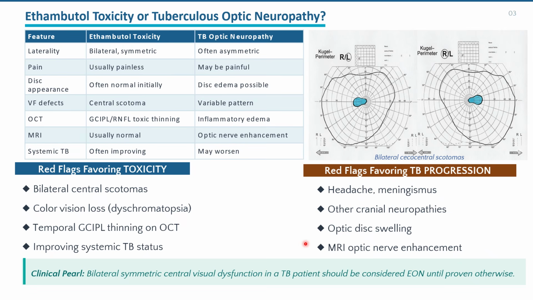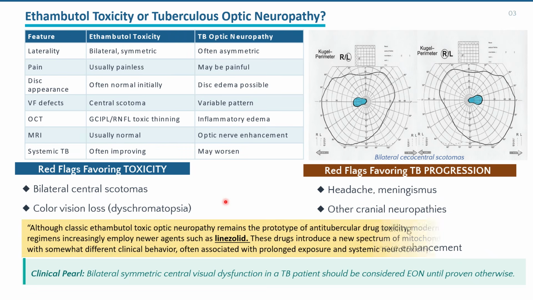However, clinically it is sometimes difficult to differentiate, especially if the patient has already progressed to tuberculous meningitis, for example, and already has ethambutol toxicity. In this situation, the distinction between both of them will be very difficult.